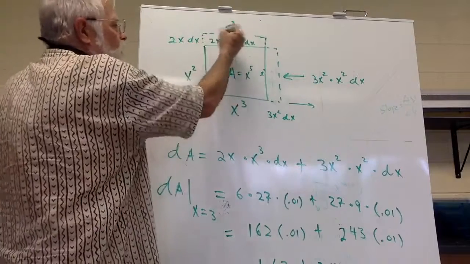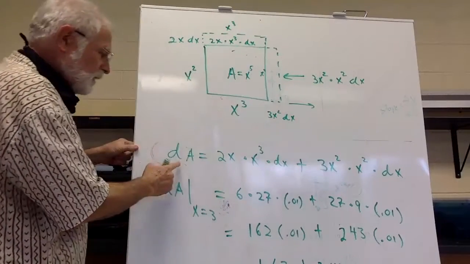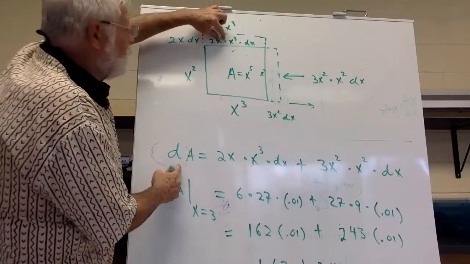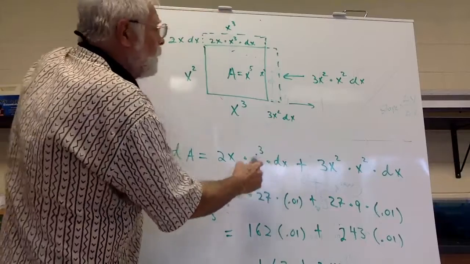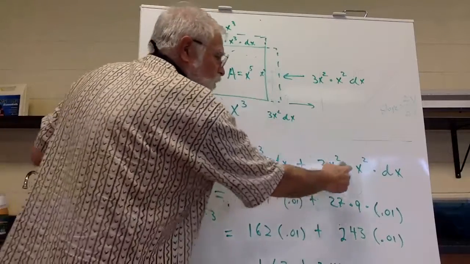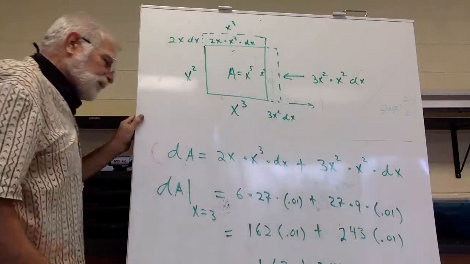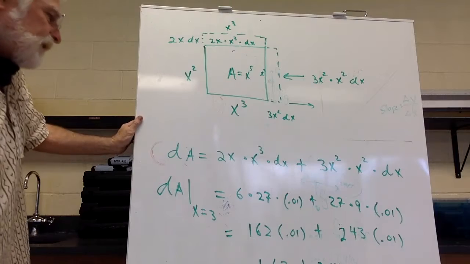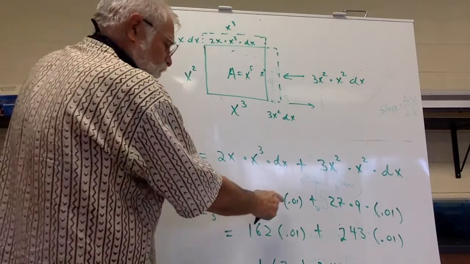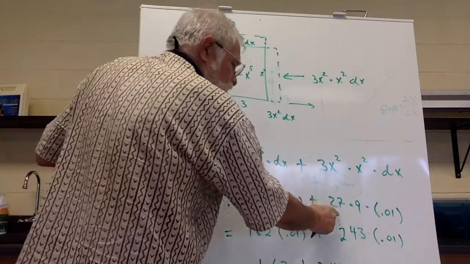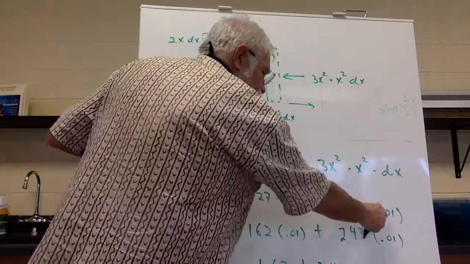Okay, the change in area, I don't want to butcher this because I might come back to it. So the change in area is this layer, which is 2x times x cubed times dx, and this layer, which is 3x squared times x squared times dx. And of course, if I put the numbers in again, I get 6 times 27 times 0.01, and 27 times 9 times 0.01.